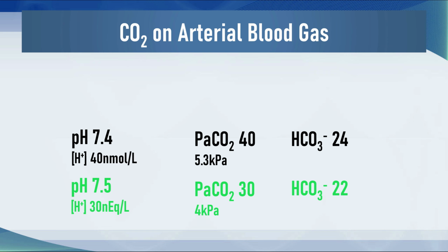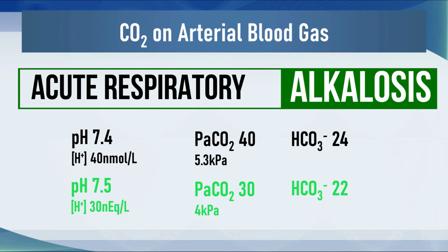Simultaneously, as the total body concentration of CO2 falls, there is a modest fall in the bicarbonate, in this case to 22 millimoles per litre. This process is known as acute respiratory alkalosis. The pH is above 7.4, and there is a fall in the CO2 and the bicarbonate.